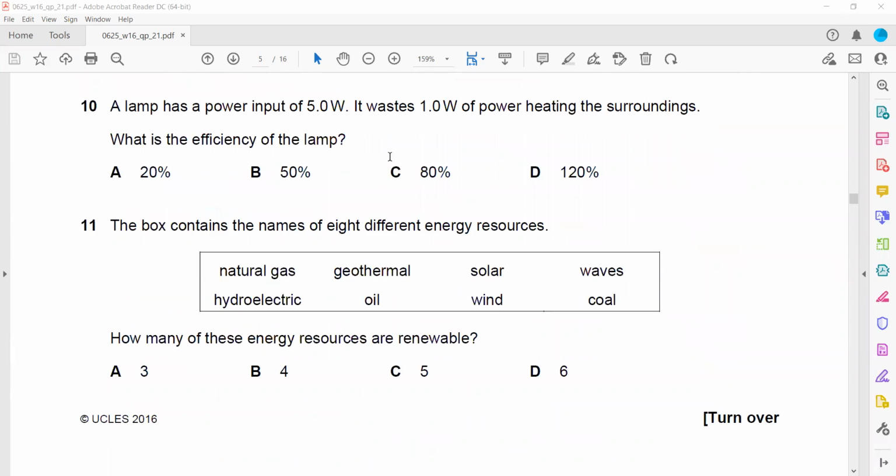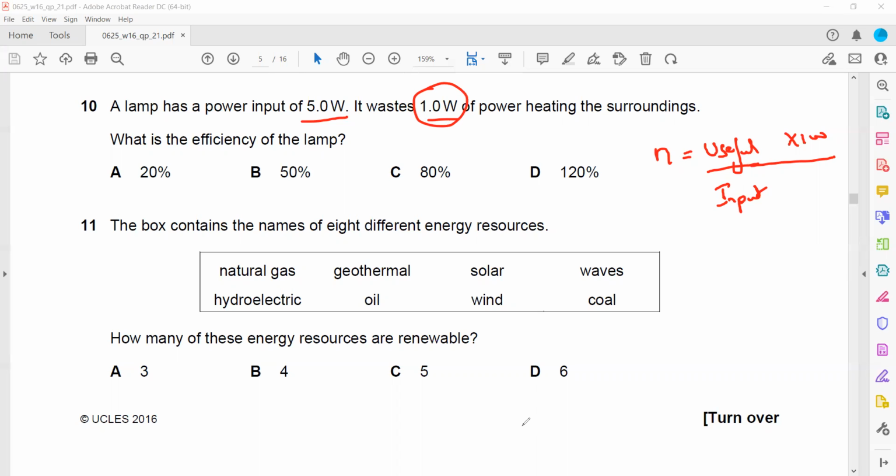In question 10, a lamp has an input power of 5 watts and it wasted 1. So what is the formula for efficiency? Efficiency is useful energy or useful power divided by total power or total energy, times 100. So how much is the useful energy? Because 1 watt is wasted, 1 joule every second is wasted.